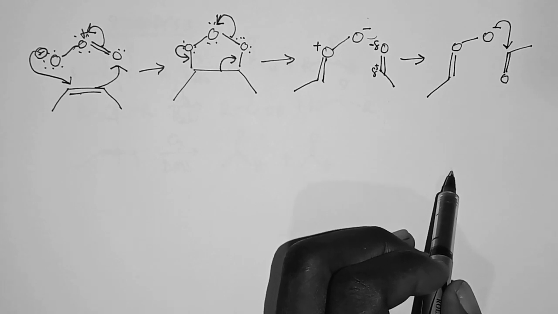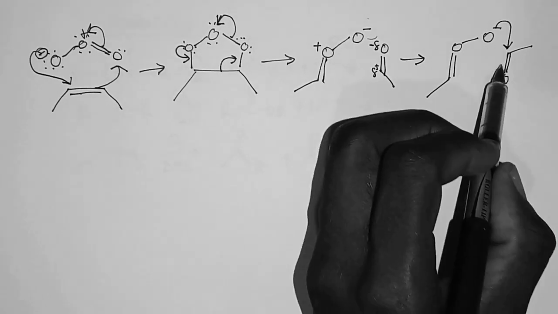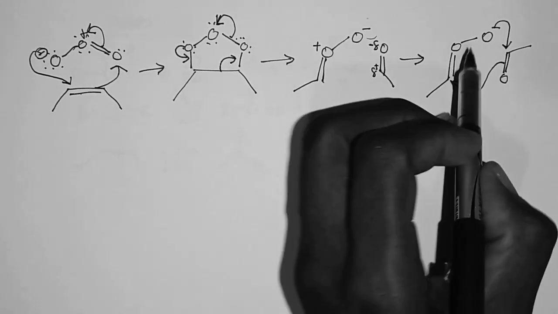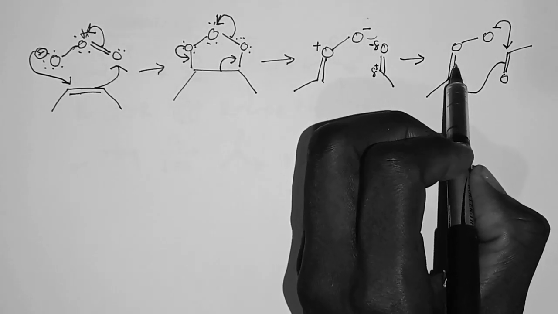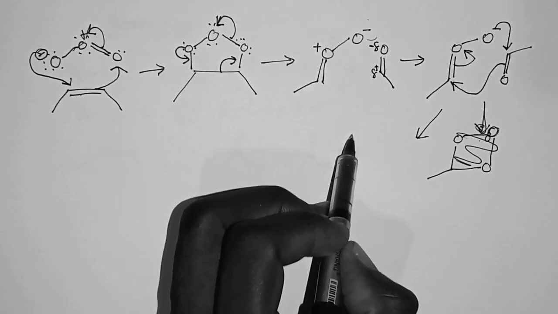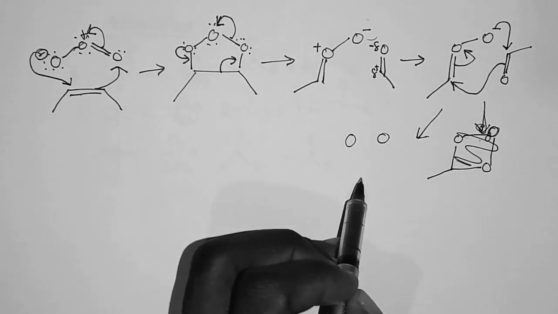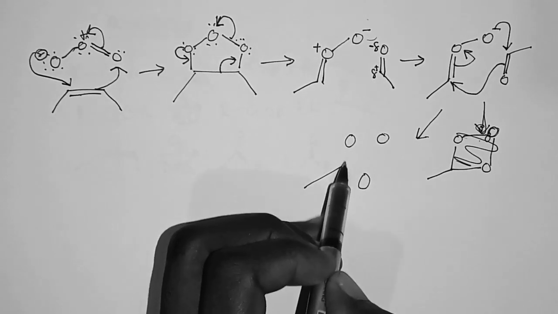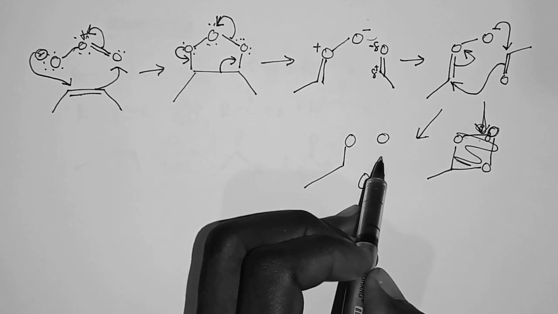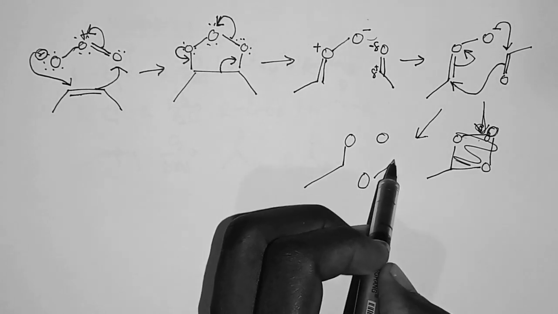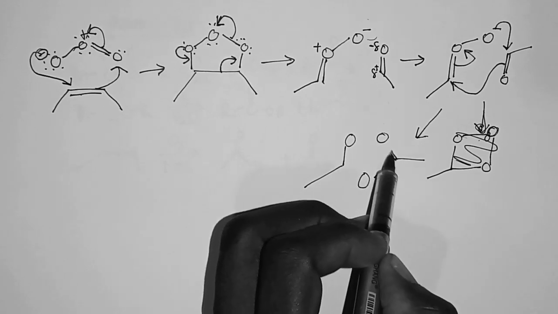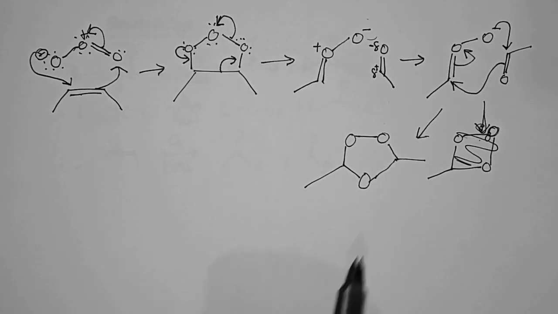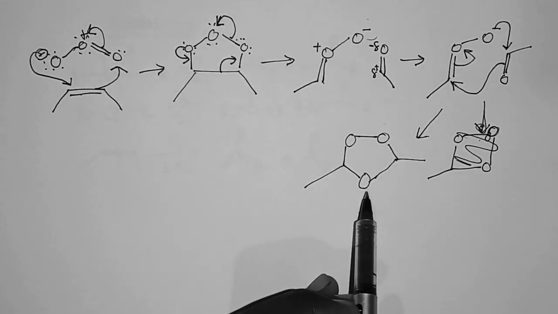And then that would cause this carbonyl center to also donate its lone pairs here, and then it will move these lone pairs to this oxygen. So this is the kind of intermediate that we are going to form.